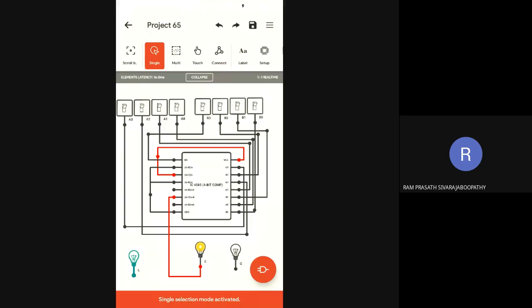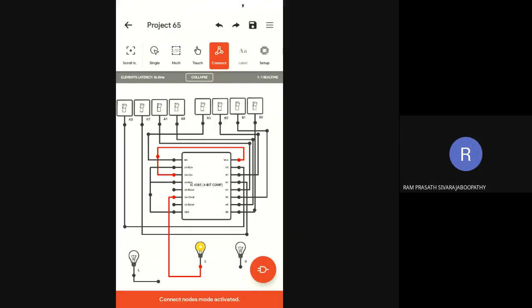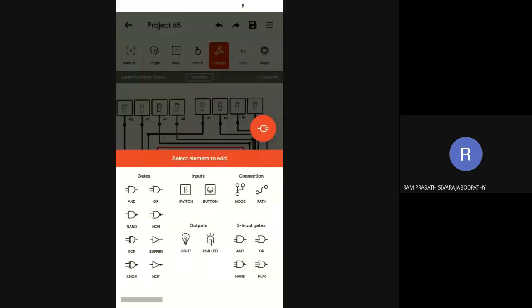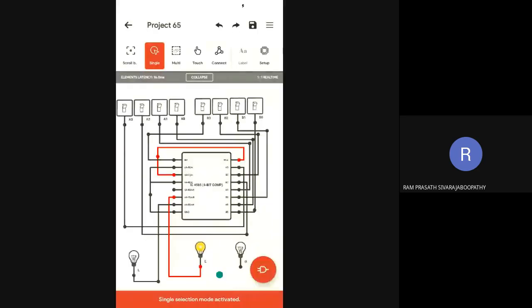I am going to use a node, lesser to lesser, and finally greater to greater. That's all.